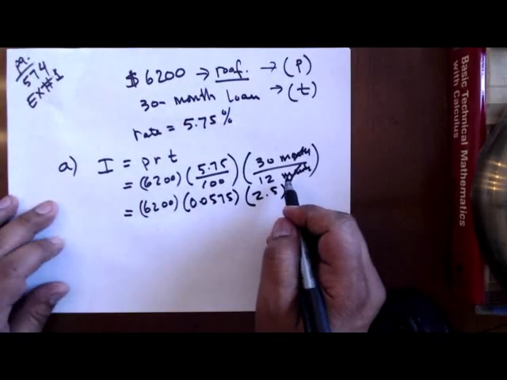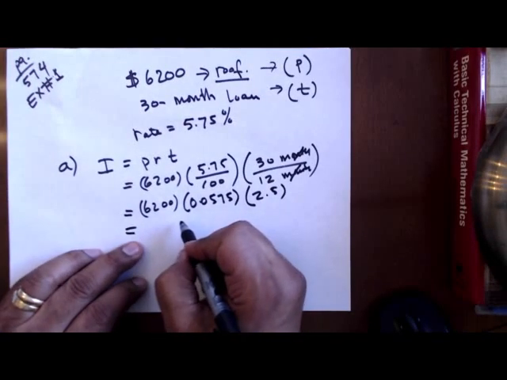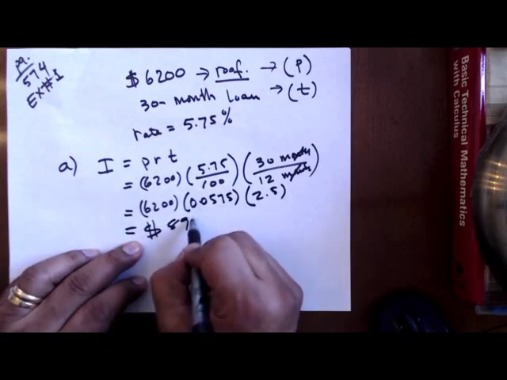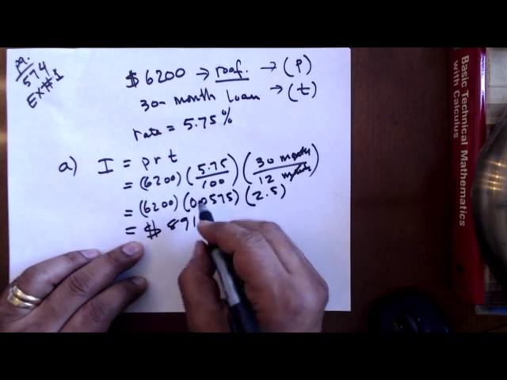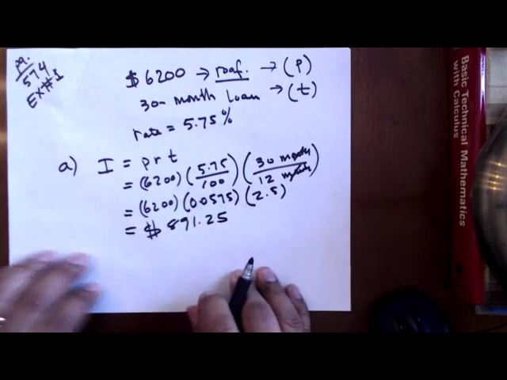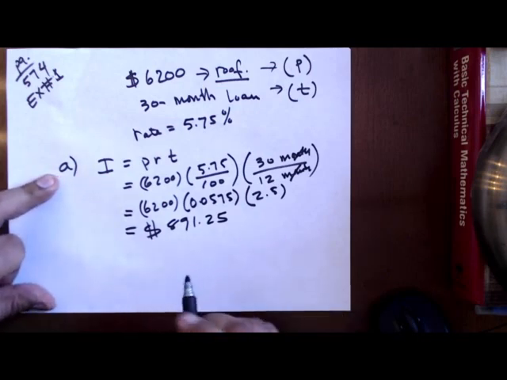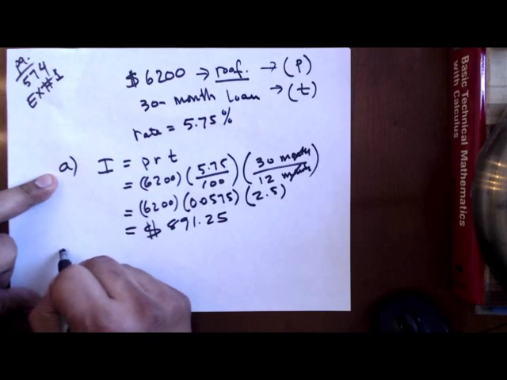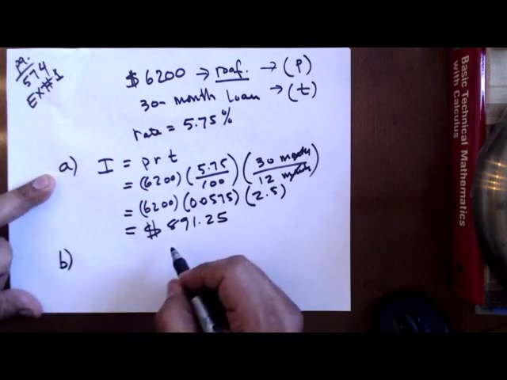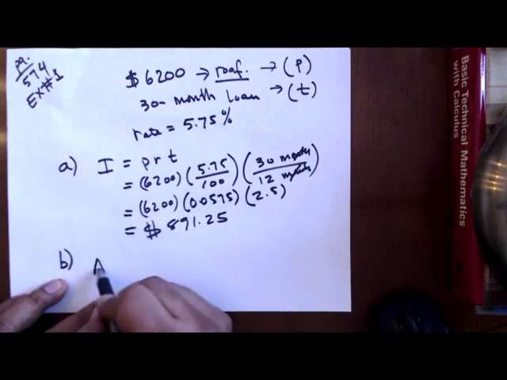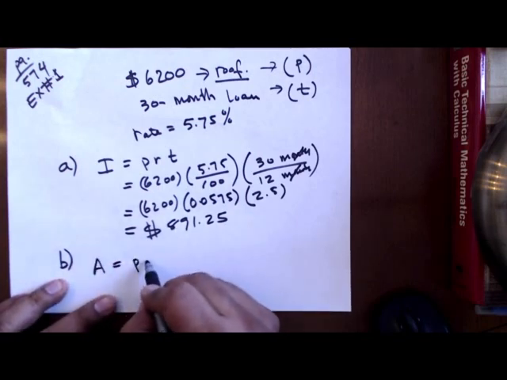So now that we have that, we calculate it. You can use the calculator. The result is going to turn into $891.25. Okay, so that's the first problem that we have here as part A. Now for B, we want to know what was the principal plus the interest. In other words, what is the total amount? So the total amount is going to be principal plus interest.